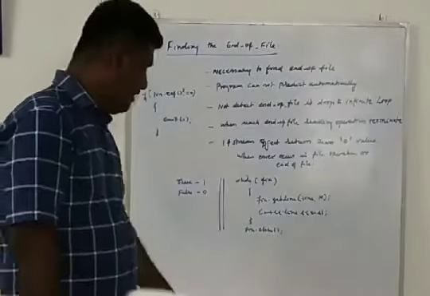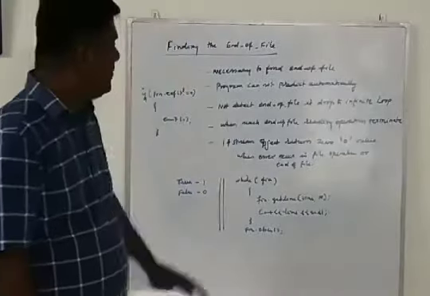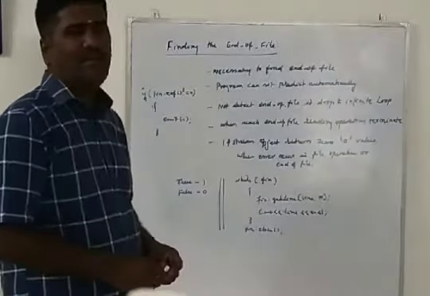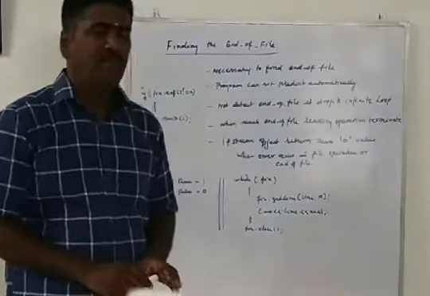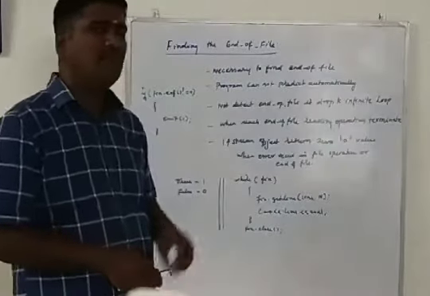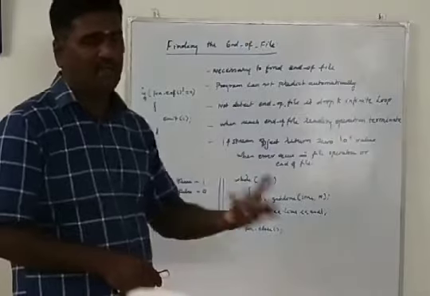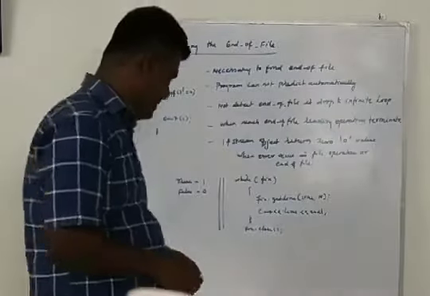For that purpose, it is necessary to find the end of file. The program cannot predict the end of file automatically, so we write code to find the end of file at the time of the reading operation.